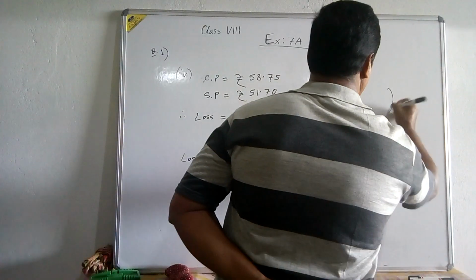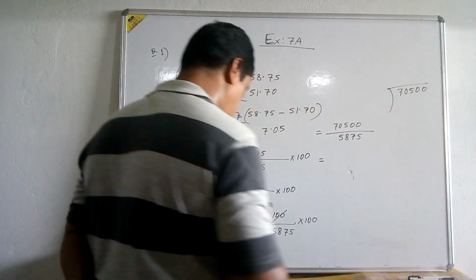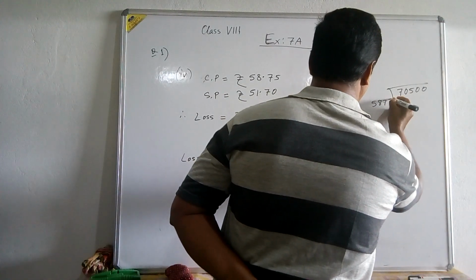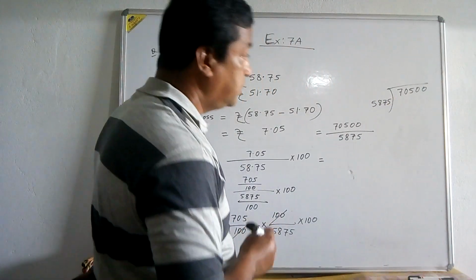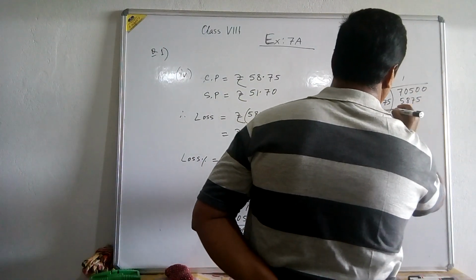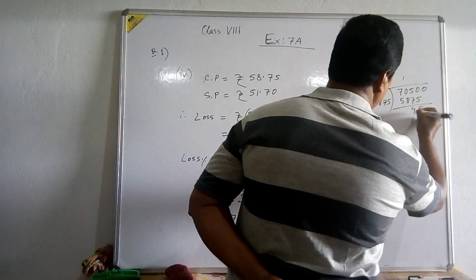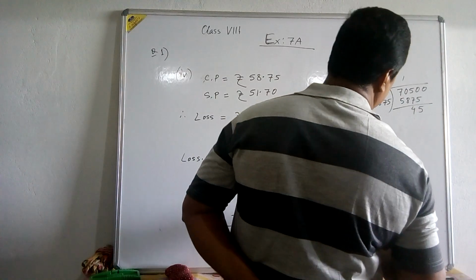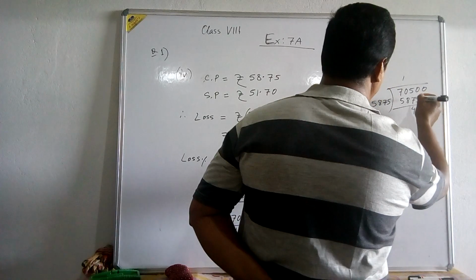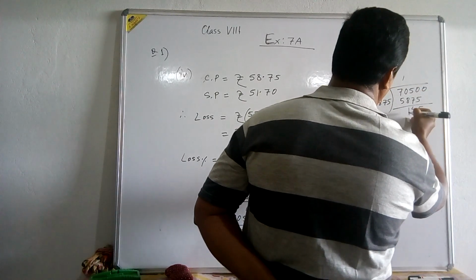So 70500 by 5875. It will go one time. 5875. 5, that means you get 4. Then 9, then 9, that means you get 1.